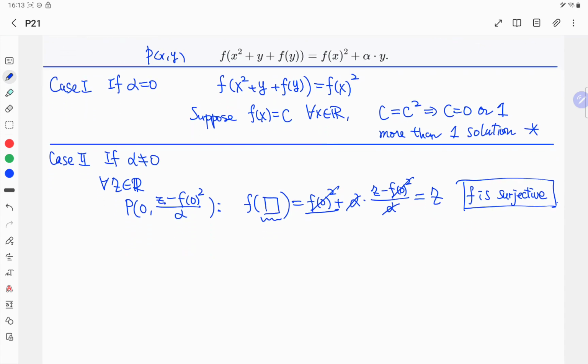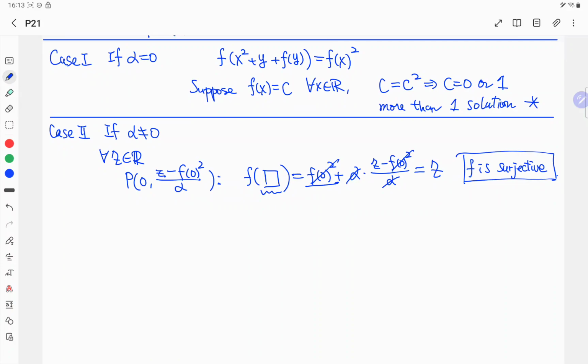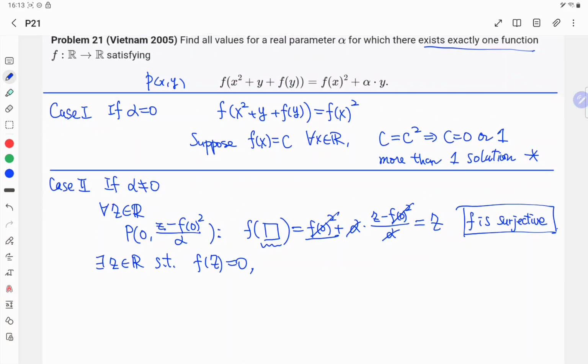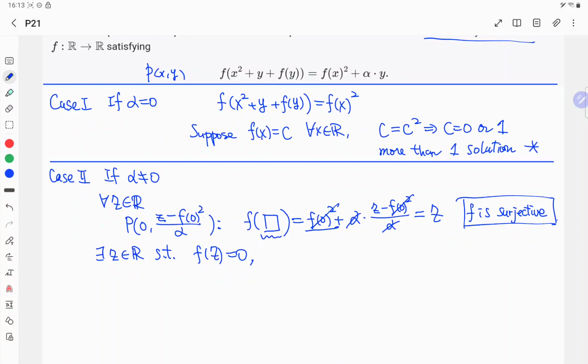Okay, so when f is surjective, there exists a real number z such that f of z is equal to 0. And here we would like to find what this value of z is. So let's try to pick (z, y).